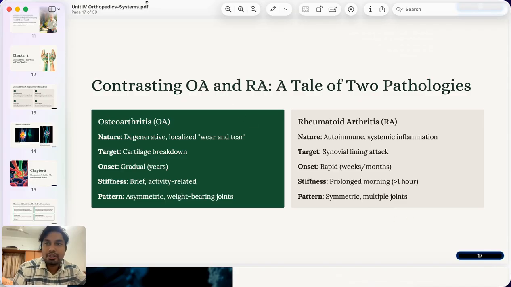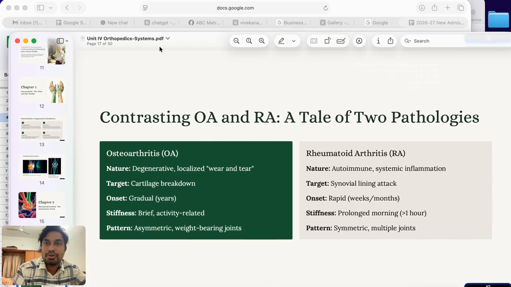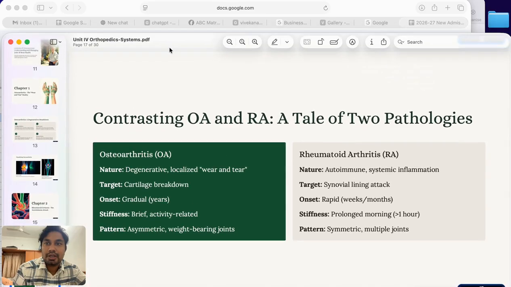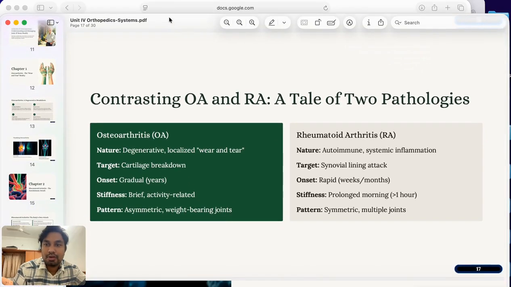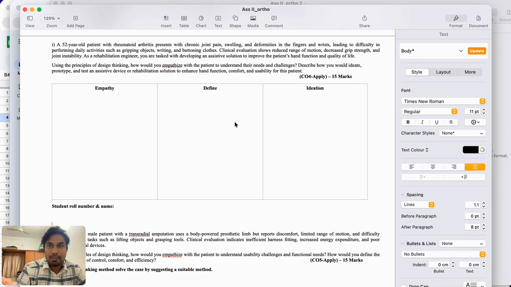Now I just wanted to show you the case that I have focused on. Let me just open it for you. So this is the case that I have given here, and I'll just read it out.